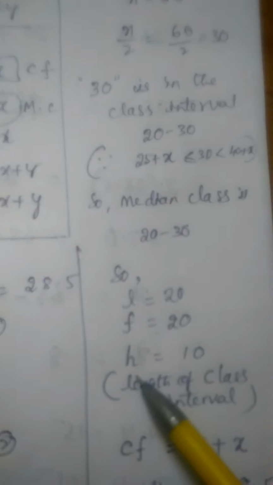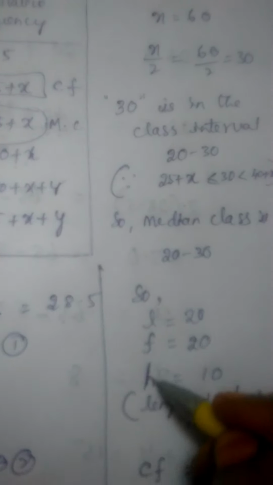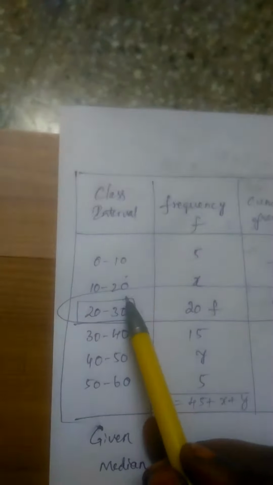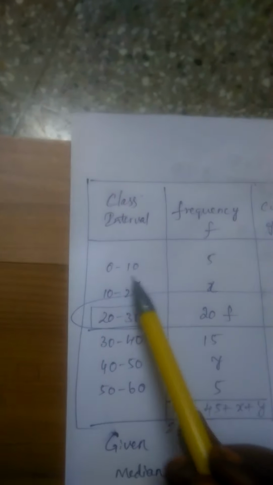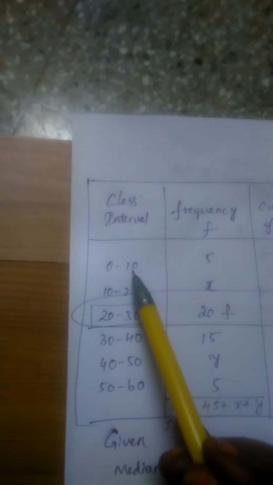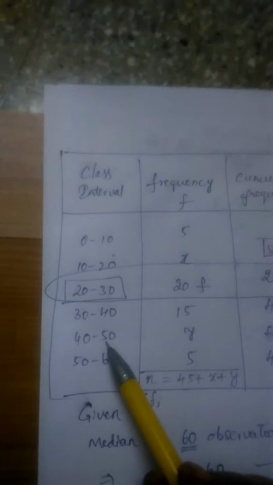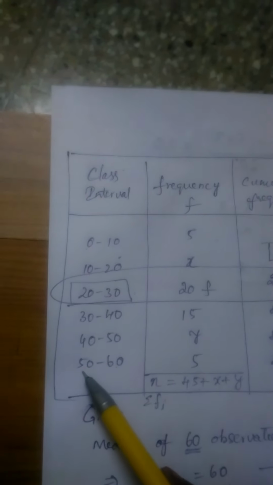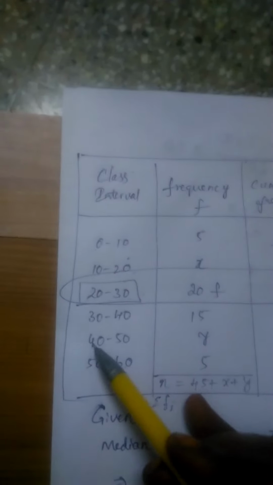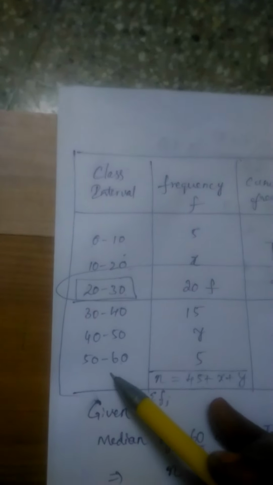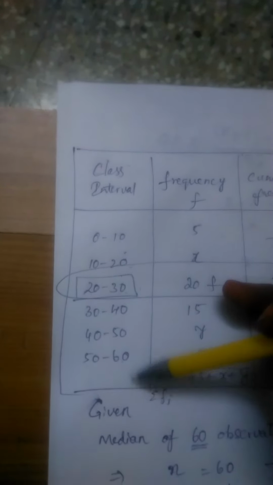H is the length of the class interval. How will we find h? Subtract the lower boundary from the higher boundary. That means 10 minus 0, 10. 20 minus 10, 10. 30 minus 20, 10. 40 minus 30, 10. 50 minus 40, 10. 60 minus 50, 10. So the length of the class interval is 10, denoted by h.